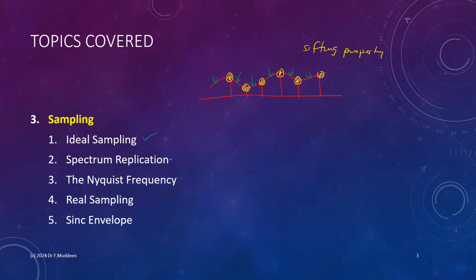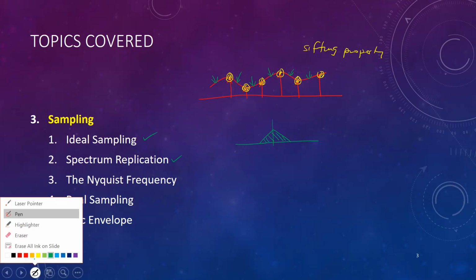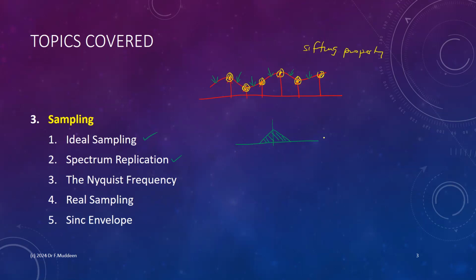As a consequence of sampling, we saw that there was something in the frequency domain that was created called spectrum replication. Essentially, if I had something that had a spectrum looking like this before I sampled it, then after I sampled it, right, at some frequency fs, we found that the same spectrum was repeated at fs, at 2fs.